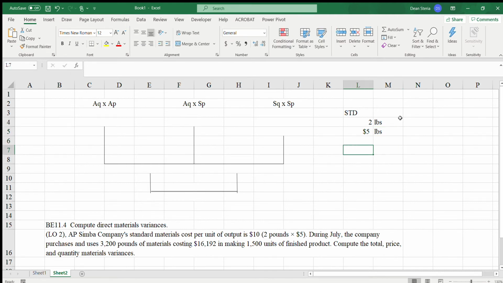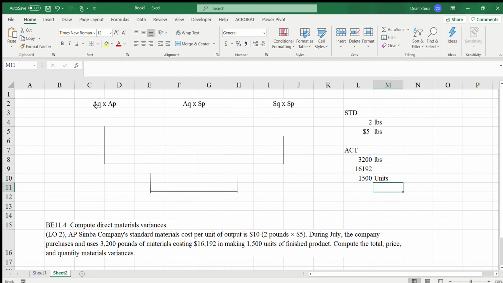Now my actual, I actually used 3,200 pounds, and it actually cost me $16,192. And I actually made 1,500 units.